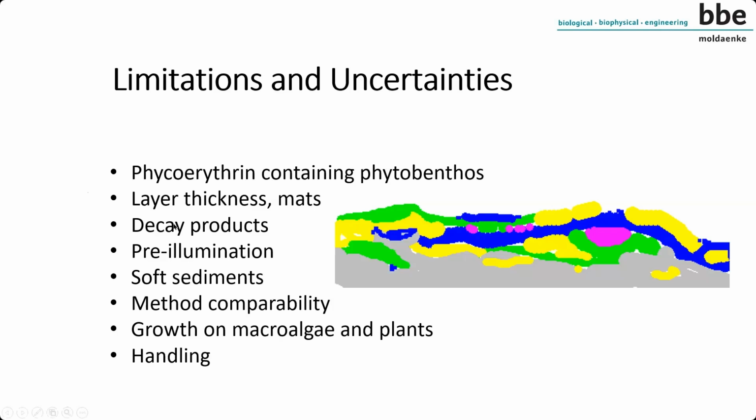The other thing which we have to deal with is the layer thickness, or the mats what we have. Let's assume that we have here the thickness. We have the light that should excite the photosynthetic apparatus. And if we are here at the surface, it works quite well. We can excite the green algae or here the blue-green algae, but if the layers are thick, then it cannot excite it.